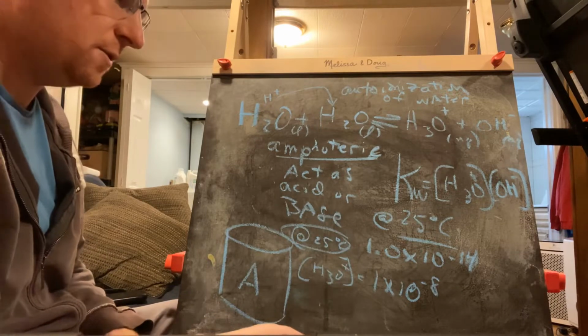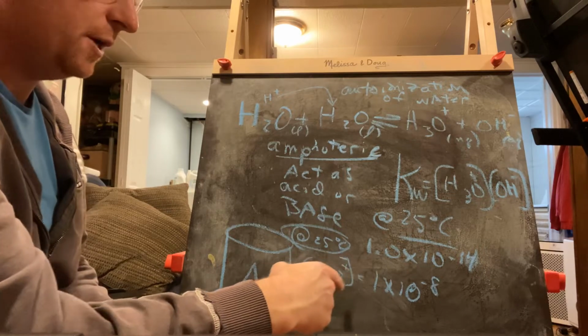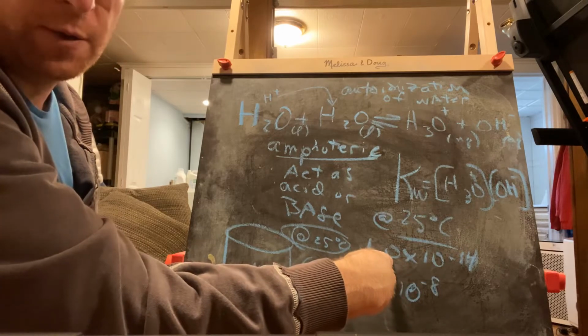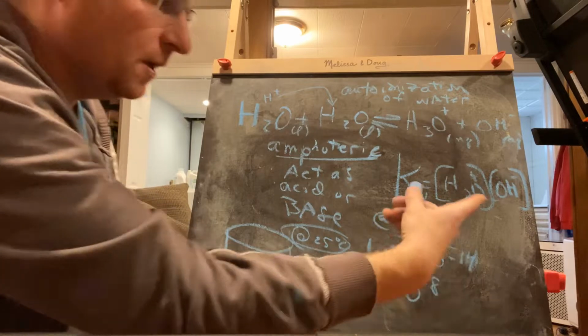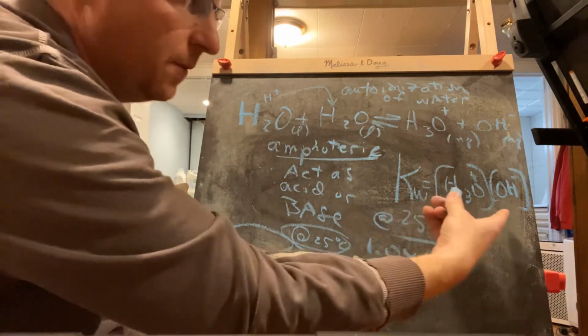And the answer is yeah. All I would need to do is plug in Kw is 1 times 10 to the negative 14th. I'd plug in this for my H3O+, and I would end up getting an OH-.